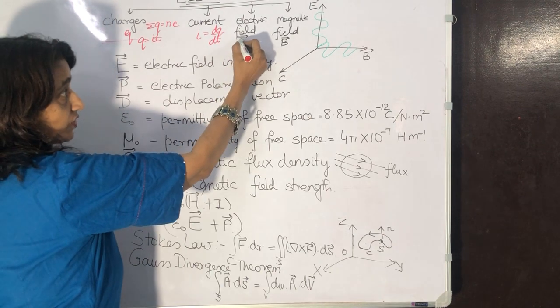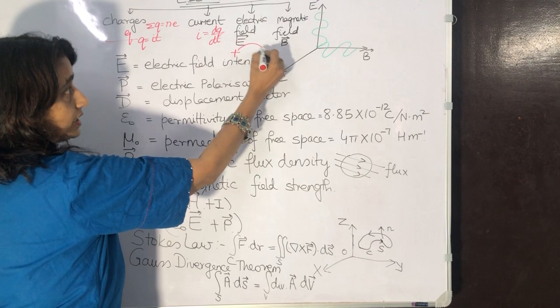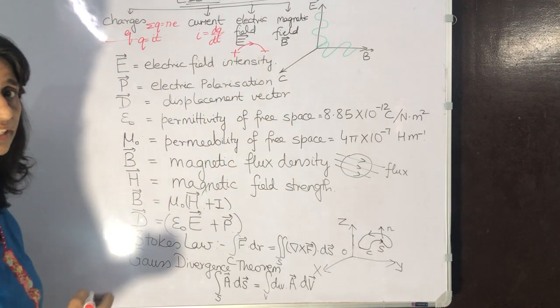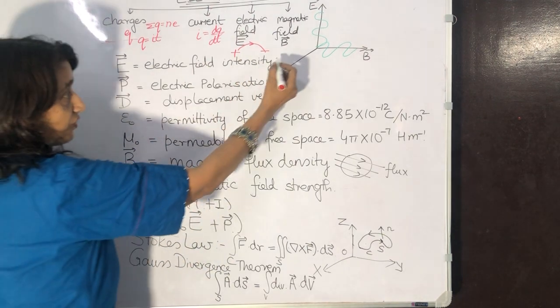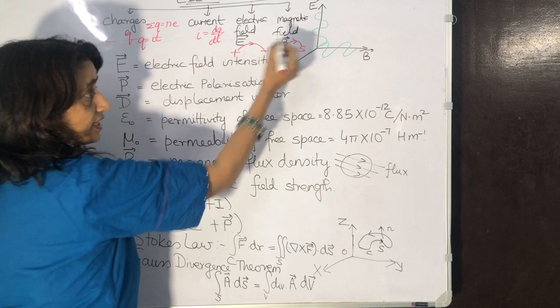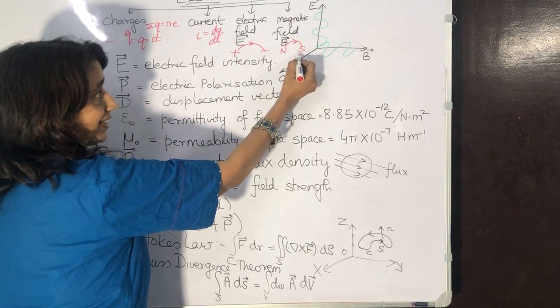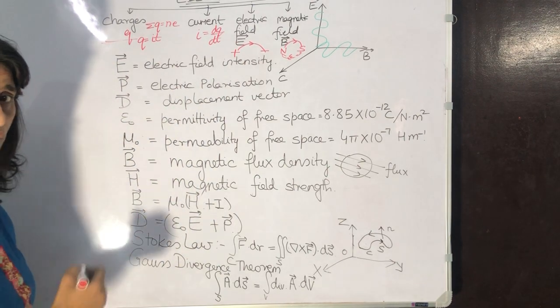Electric field generates when charges form: from the plus charge, electric lines of force enter the minus charge, they are open. Magnetic field originates from the north pole and enters the south pole, and they are continuous curves, that means they go from inside the magnet also.